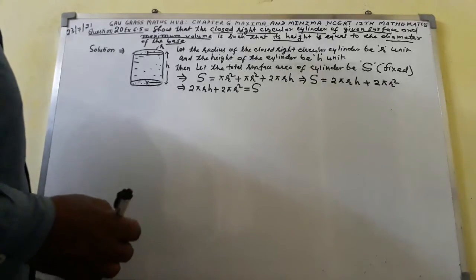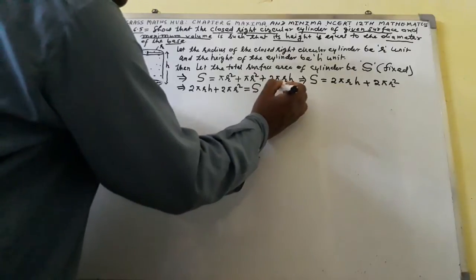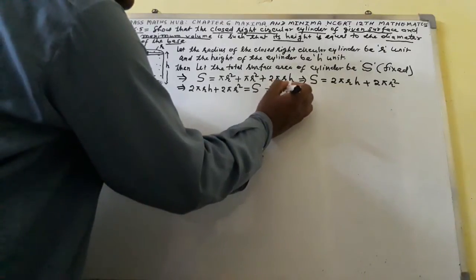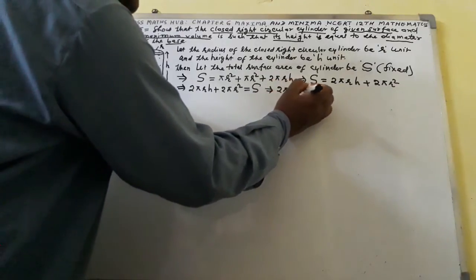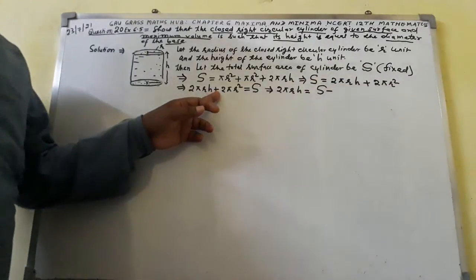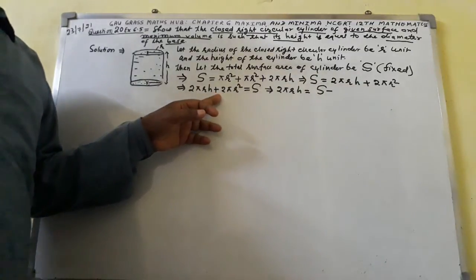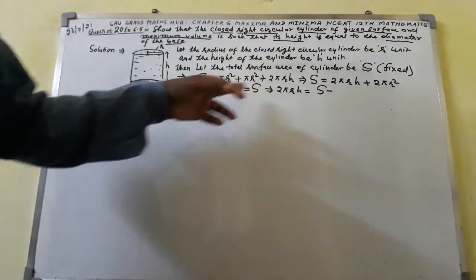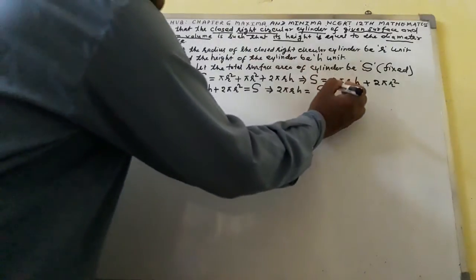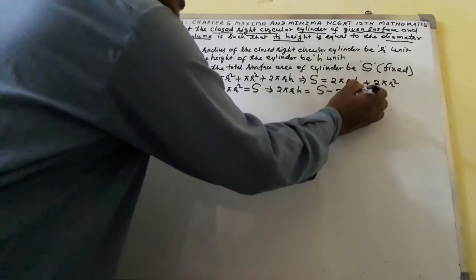The value of h I shall find out: 2 pi r h equals capital S minus 2 pi r square. Here 2 pi r square is on the left hand side, so it moves to the right hand side and becomes minus 2 pi r square.